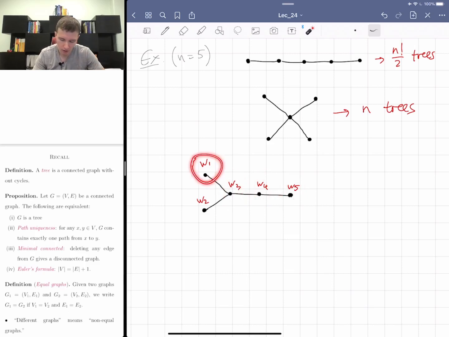But 1 and 2 can be permuted with each other. So that one also gives us n factorial over 2 trees. In other words, any 2 permutations give us the same labeled tree if and only if they are obtained by swapping the first 2 entries.